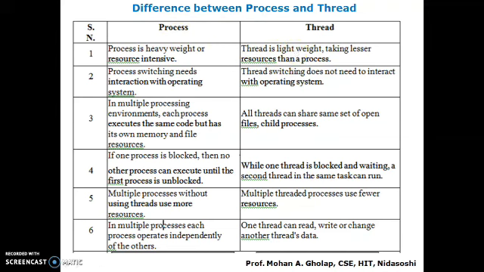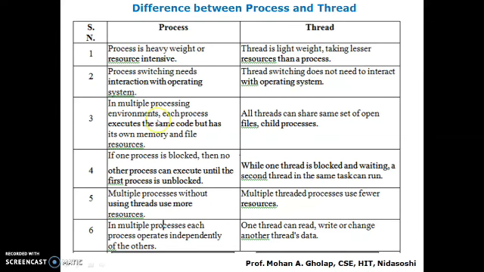The second is that process switching needs interaction with the operating system, whereas thread switching does not need to interact with the operating system. Because a process is directly under the control of the operating system, but when you have threads, the process will be creating the threads, so the interaction will be with the process, not with the operating system.